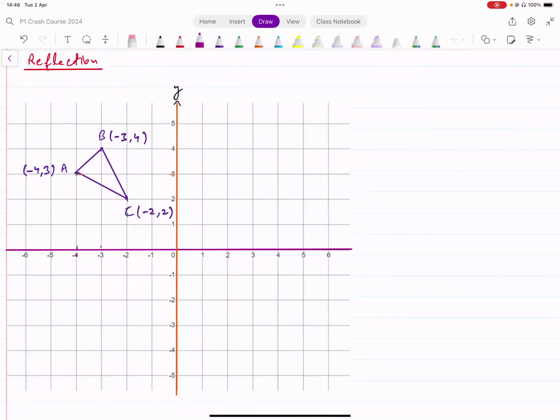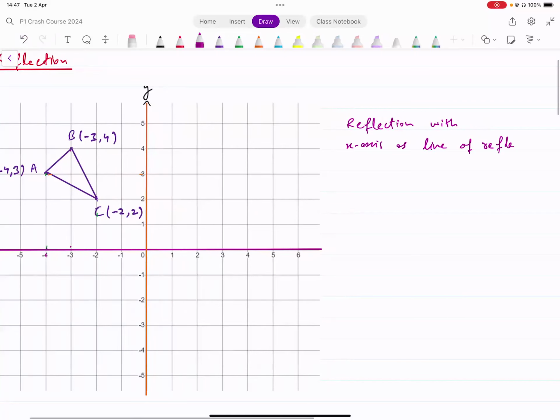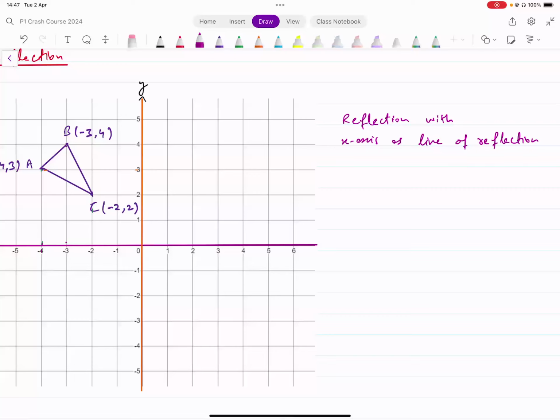First of all, one type of reflection that we could have could be reflection with x-axis as the line of reflection. Or you could say it's reflection in x-axis. That's also okay.